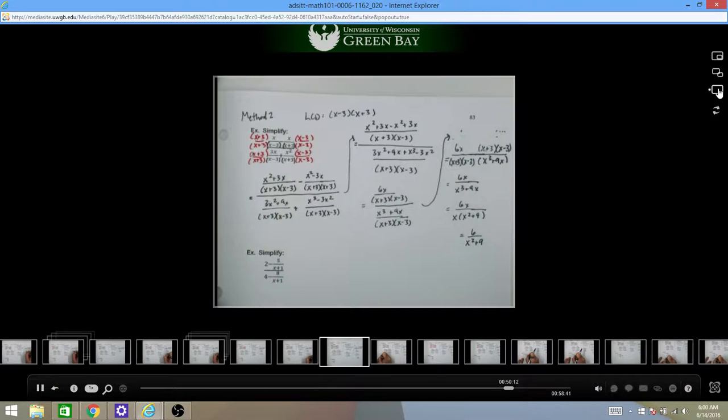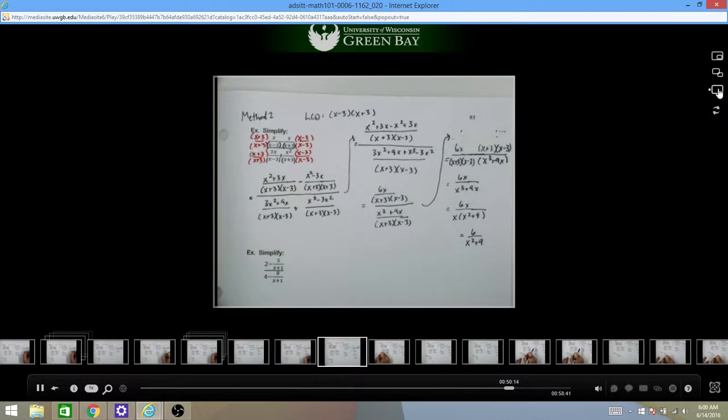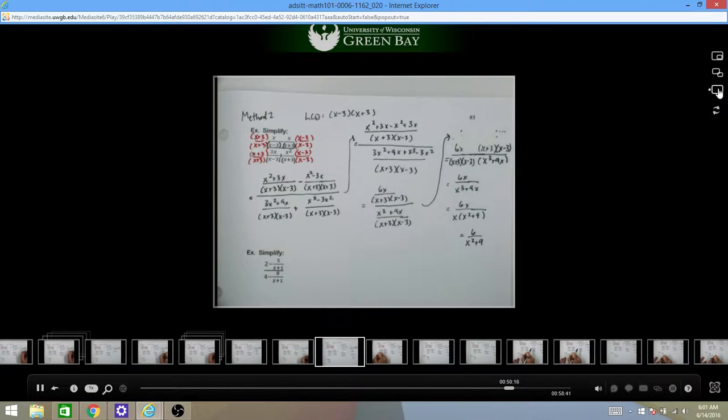So we end up with 6 over x squared plus 9. Does anyone have any questions?